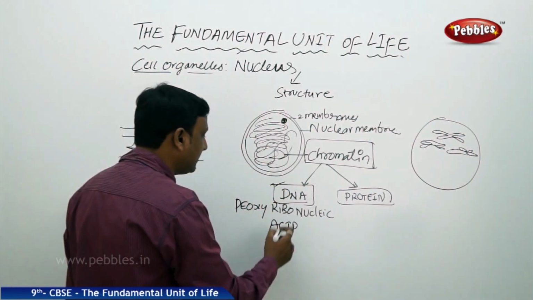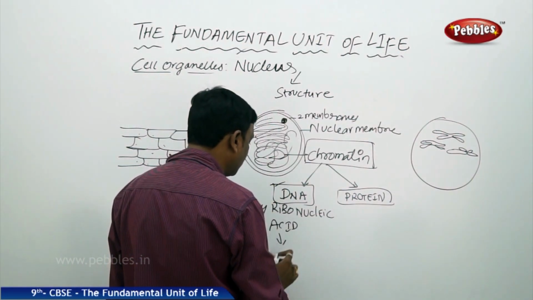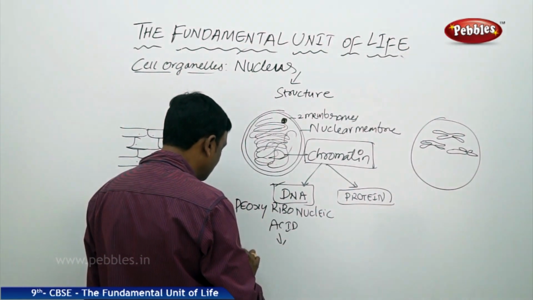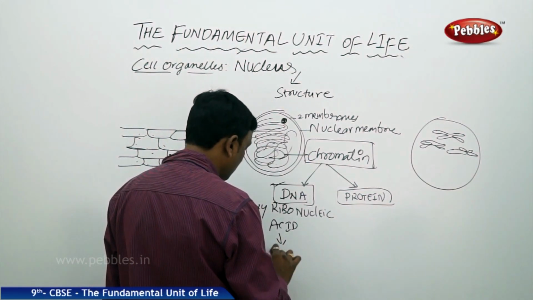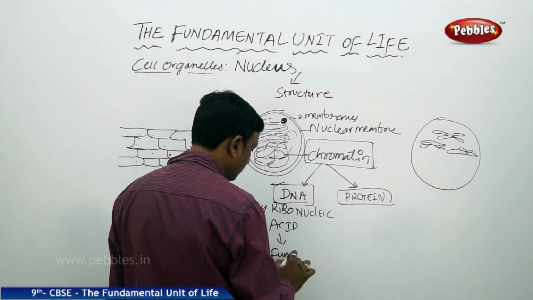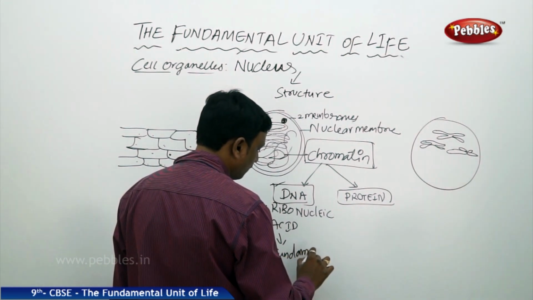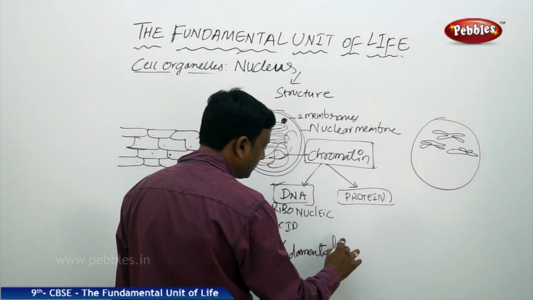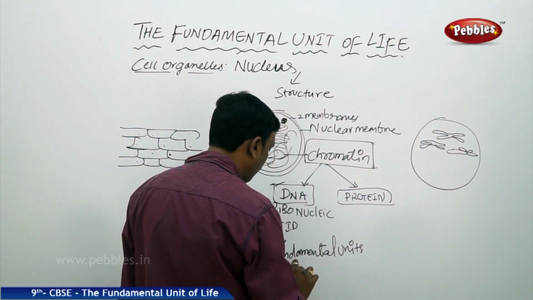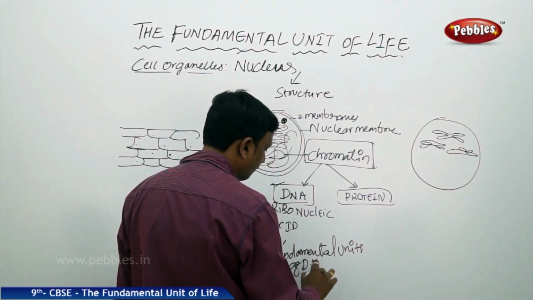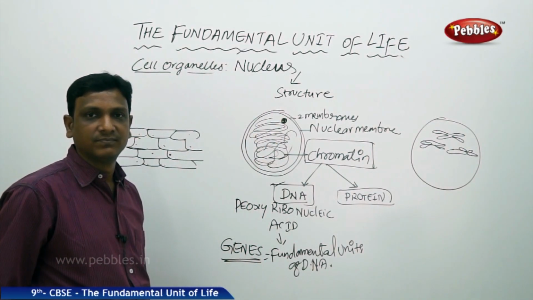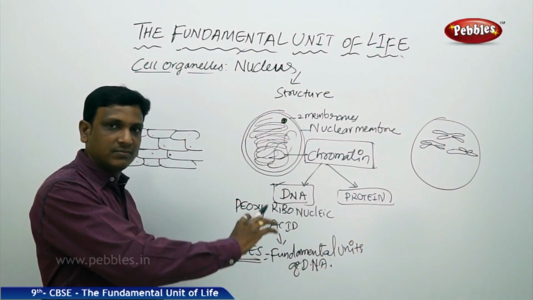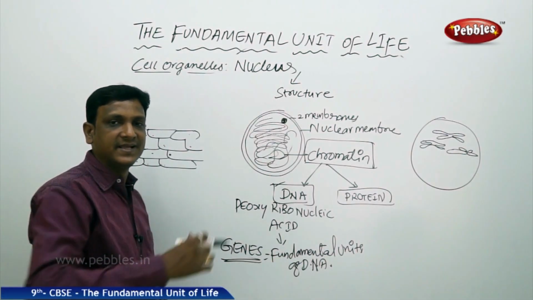So what is DNA composed of? What is the fundamental unit of DNA? Genes. Genes are the fundamental units of DNA. So the composition of these genes makes the DNA.